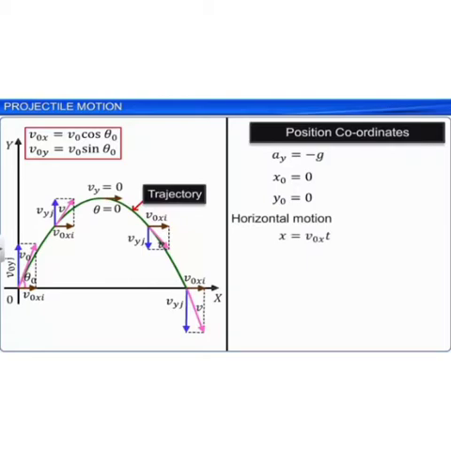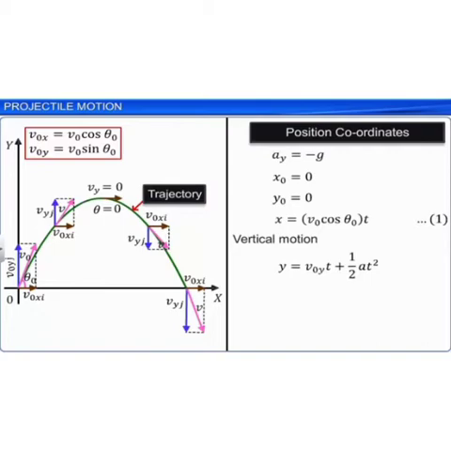Similarly, the vertical motion can be written as y is equal to v0y into t plus half a t square. On substitution, we get y is equal to v0 sin theta 0 into t minus half g t square. Let this be equation 2.